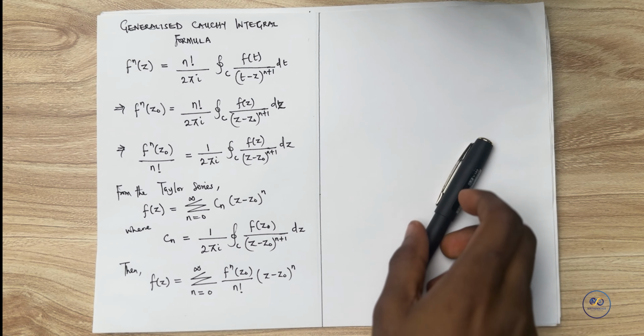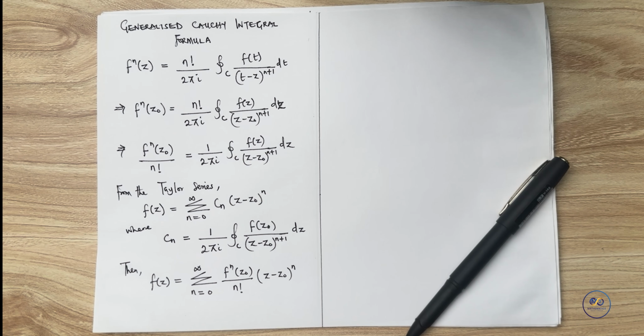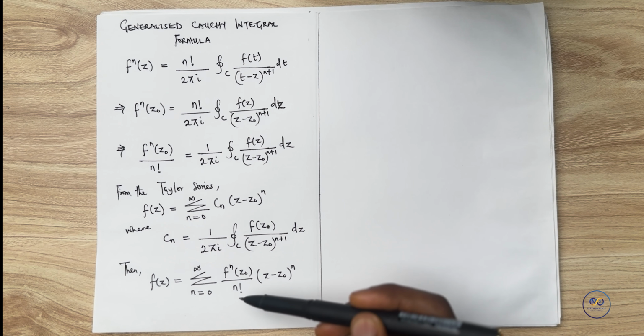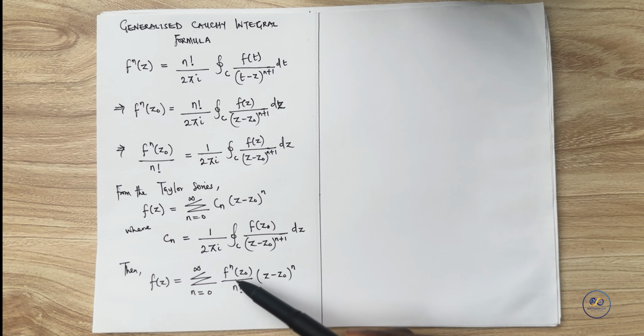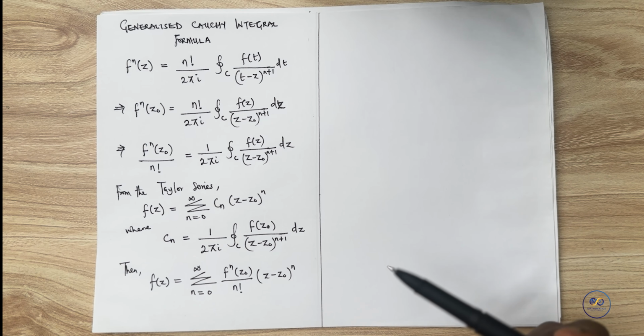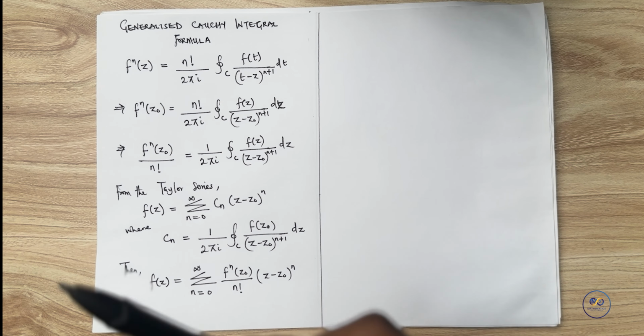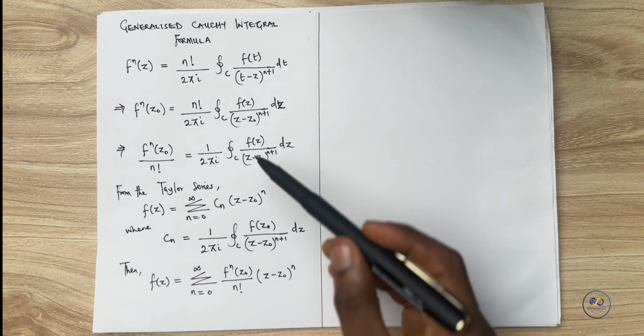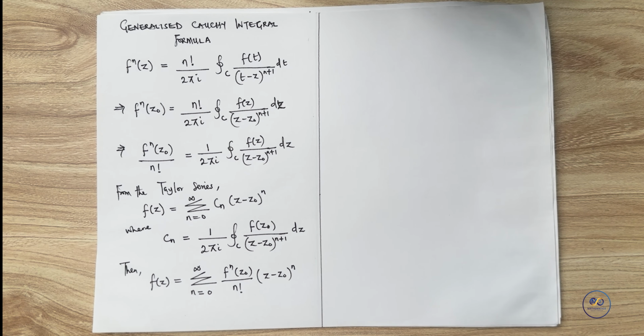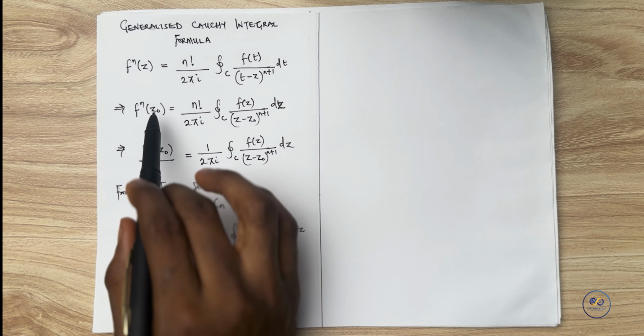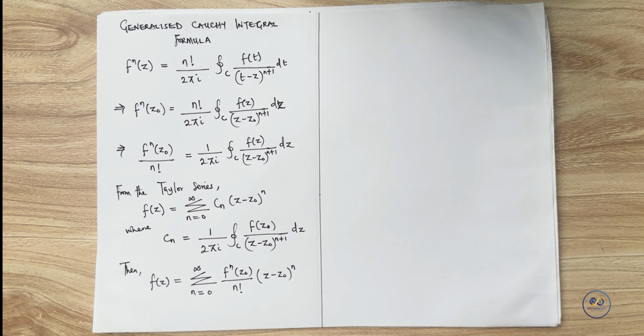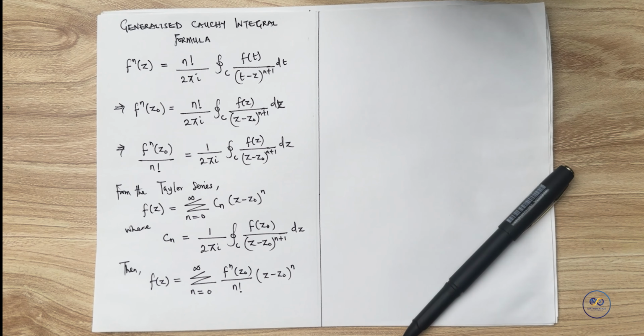So it was important to bring this to the fore to show that what we have in the calculus definition of the Taylor series, which defines the coefficients in this form, still matches what we have in complex analysis, where we define the coefficients in this form, and that is brought together because of the existence of the generalized Cauchy integral formula.